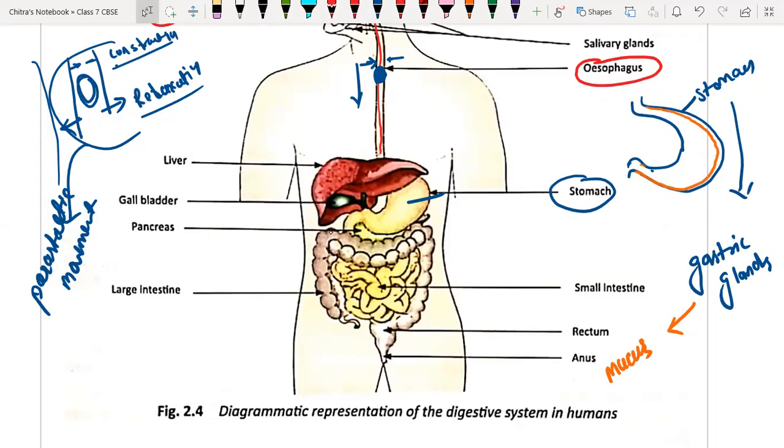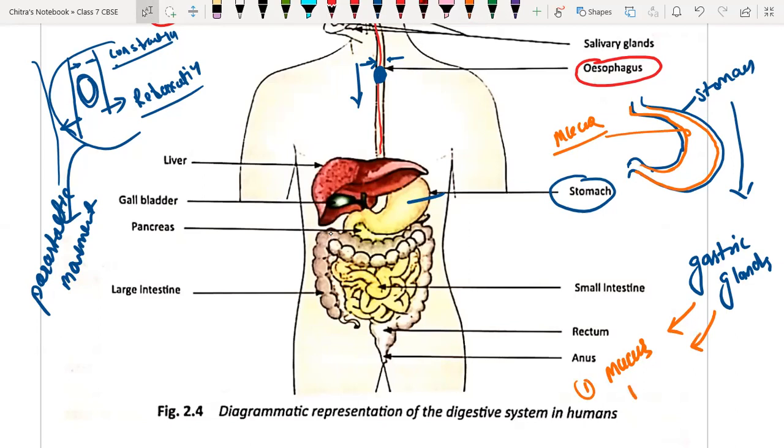Let me discuss first, and then you can give your point. That layer I have formed here is nothing but the mucus layer. Mucus forms a thin membrane on the inner lining wall of the stomach. This is the first product secreted by the gastric gland.